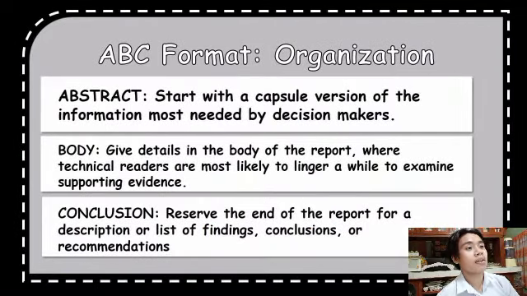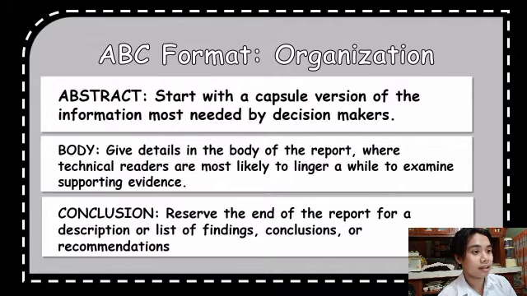First, the abstract. It starts with a capsule version of the information most needed by decision makers. So first you make an abstract of your report. That is the first version of the information needed in your report. It is like the first format that we use when making an informal letter.